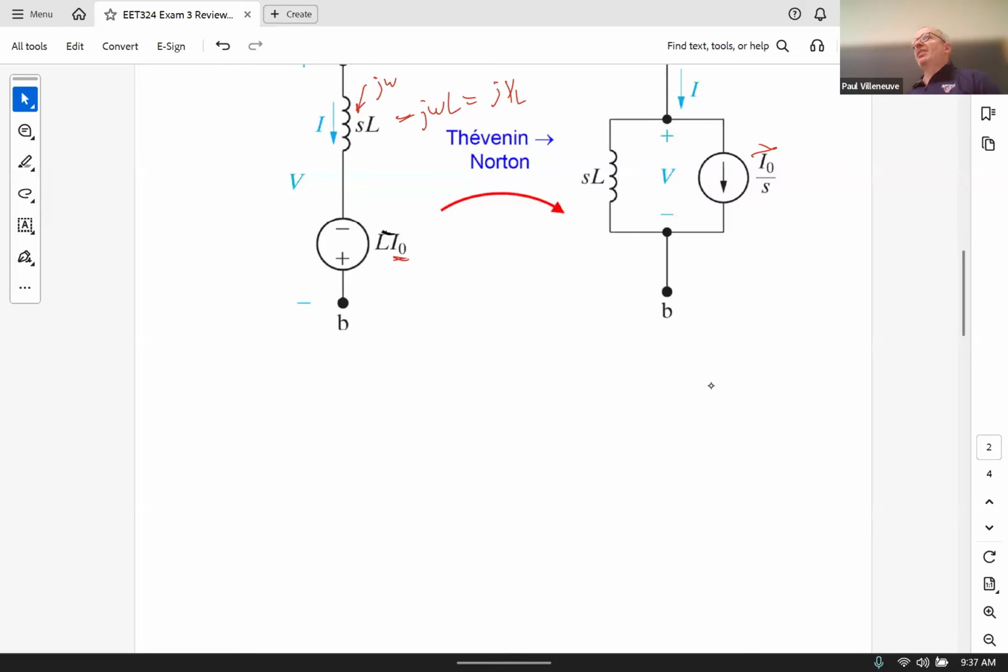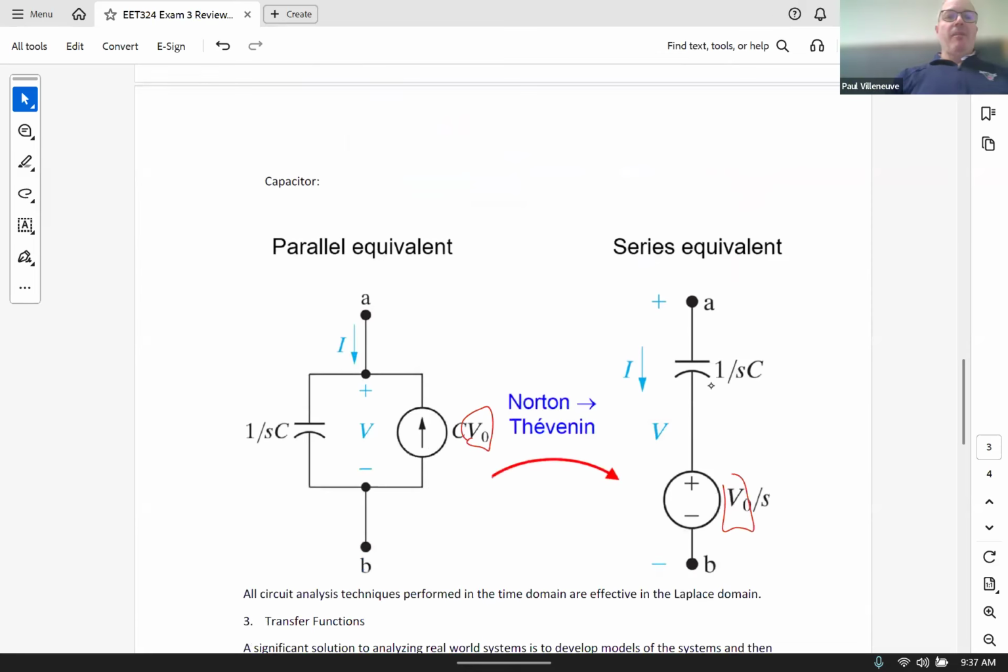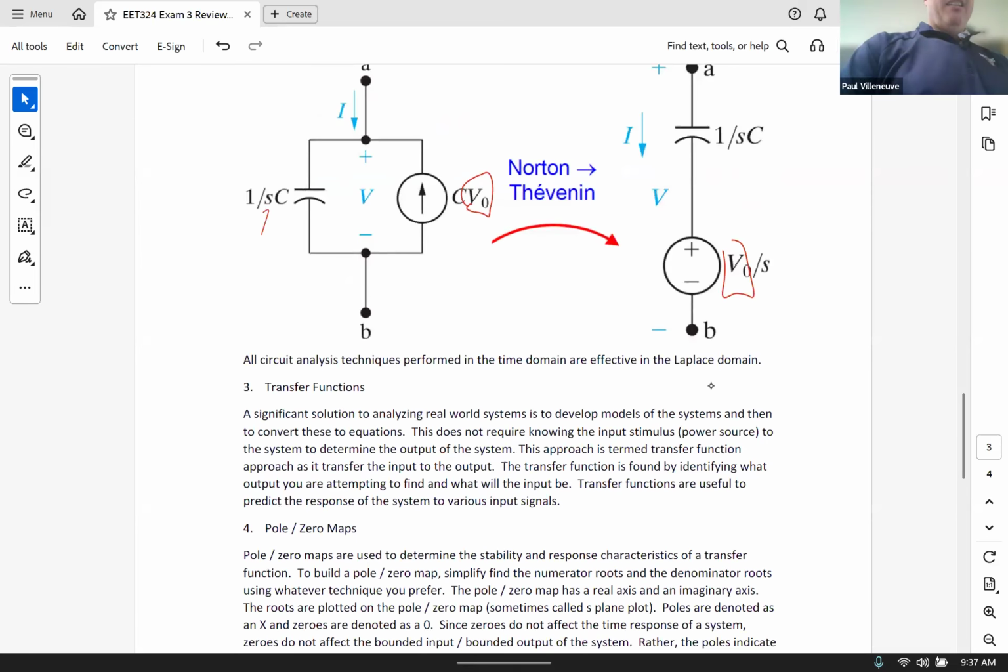Isn't that just j times X_L? Omega L is 2 pi f L, which is where we get our AC circuit. If you did the same thing for a capacitor, we stuff in j omega, we have 1 over j omega C, which is negative j times the reactance for a capacitor. Exactly the same as if you were taught in AC circuits.